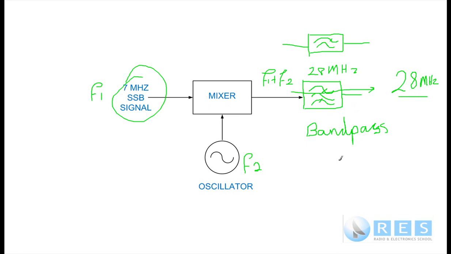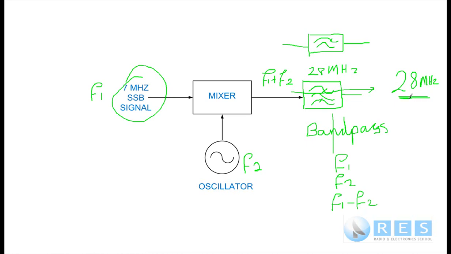The bandpass filter not only passes the one we want on 28 megahertz, but it stops all the others that we didn't want. It stops F1, it stops F2, it stops F1 minus F2, and it stops all the others, and just gives us the signal we want.